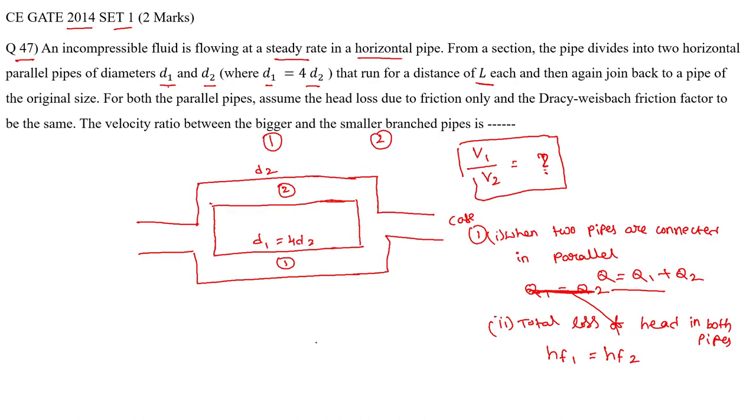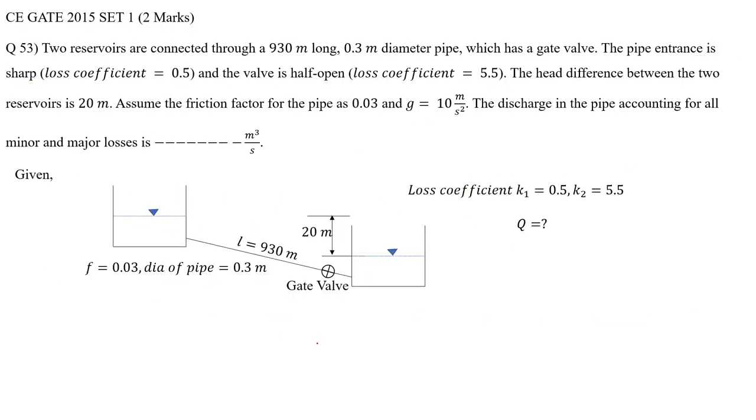Now let's write the formulas. This is a schematic diagram I have drawn more neatly. This is reservoir 1, this is reservoir 2, the length of the pipe is 930 meters, the difference in reservoir levels is 20 meters, f is 0.03, and the diameter of the pipe is 0.3 meters.